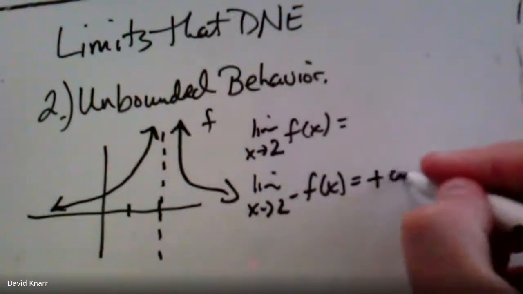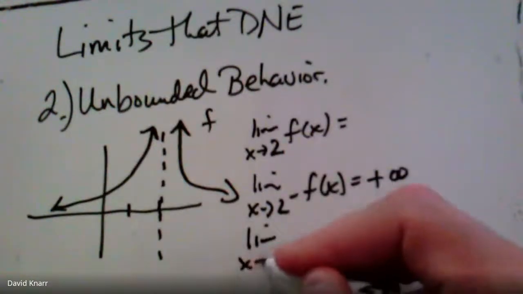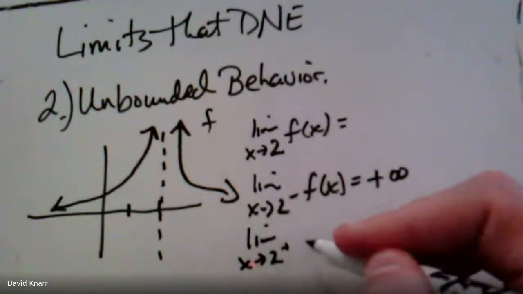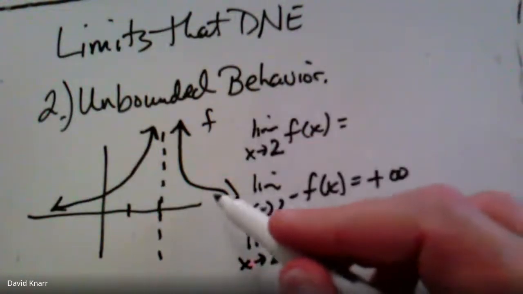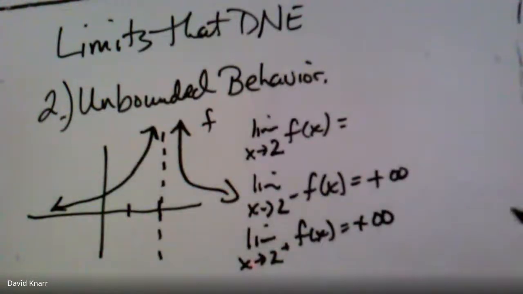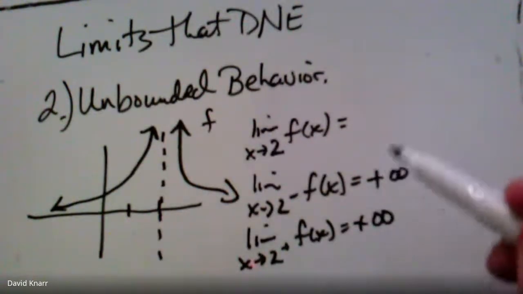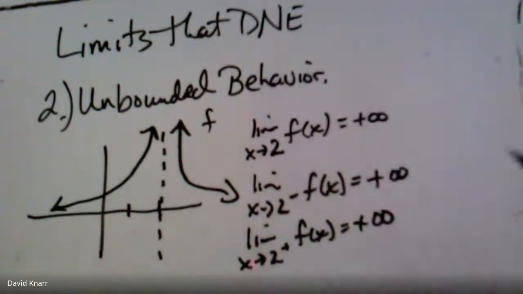This graph goes to positive infinity. The limit as x goes to 2 from the right of f, work my way up, and the graph goes up. This graph goes to positive infinity as well. Now the limits go to the same place from the left and from the right. They both go to positive infinity. So we would say that the limit approaches positive infinity.